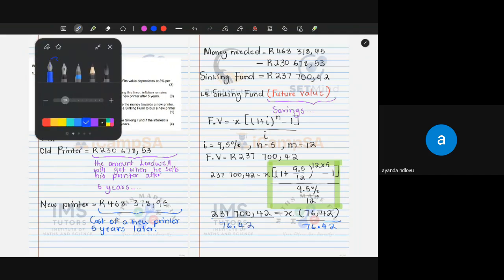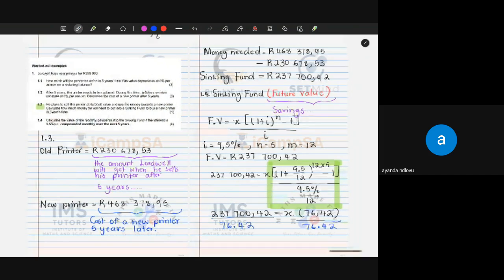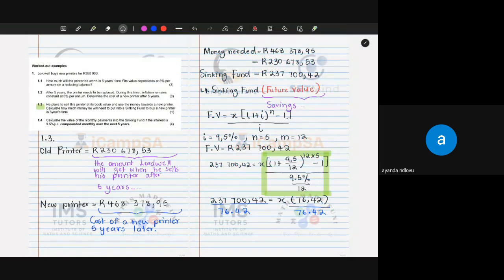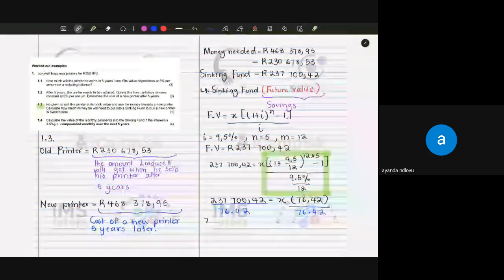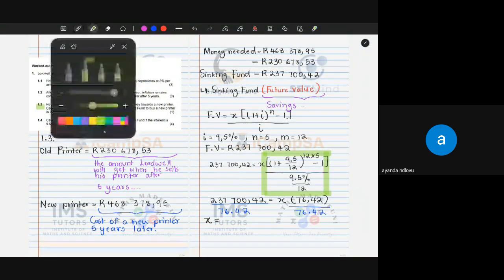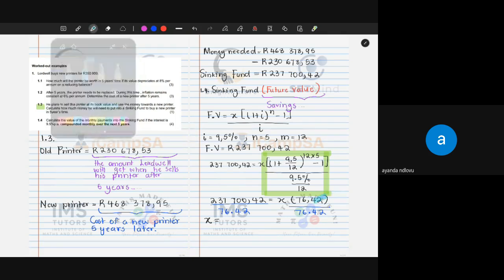So when we divide by 76.42, how much do we get, guys, as x? Obviously this and that will cancel. What is our x value? 3,110.45.